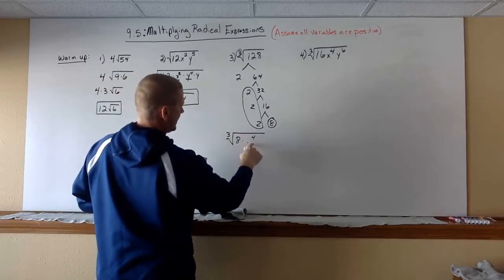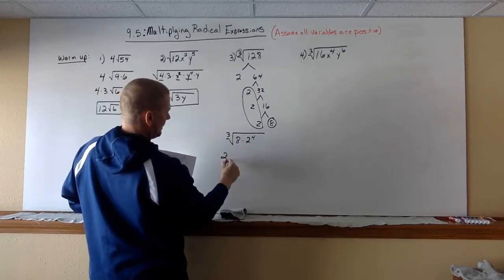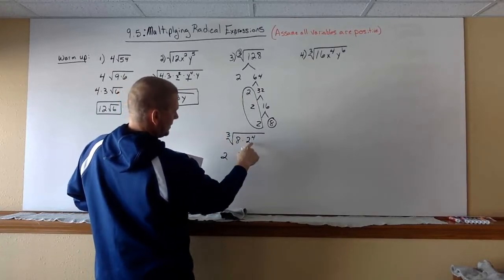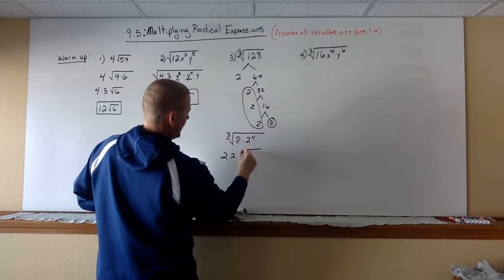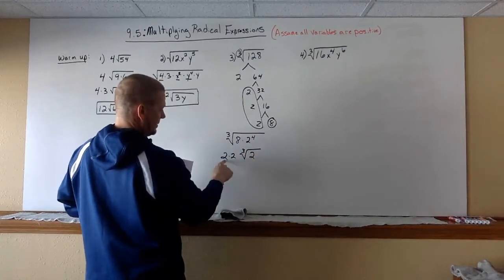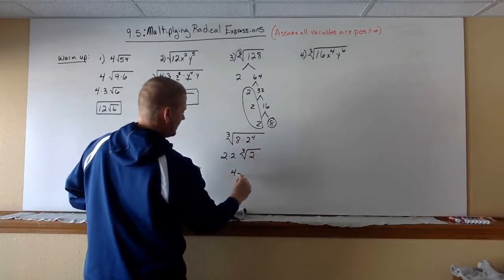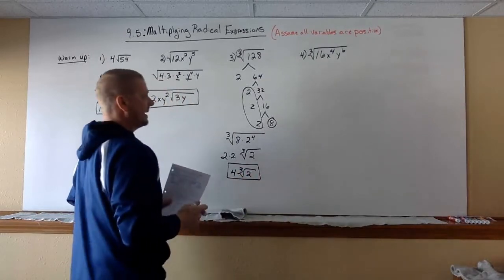So I know the cube root of 8 is 2, and I know 3 of these are going to come out for a 2, and one of those 4 2's stays underneath, and I know 2 times 2 is 4. Cube root 2 would be my simplified answer of that one.